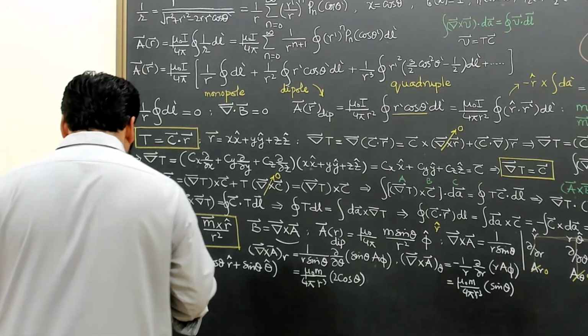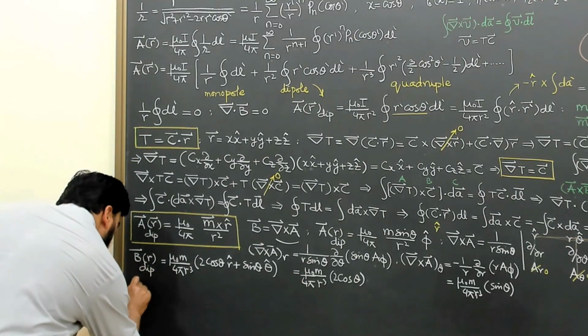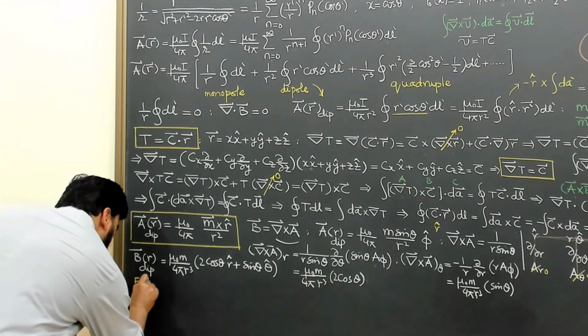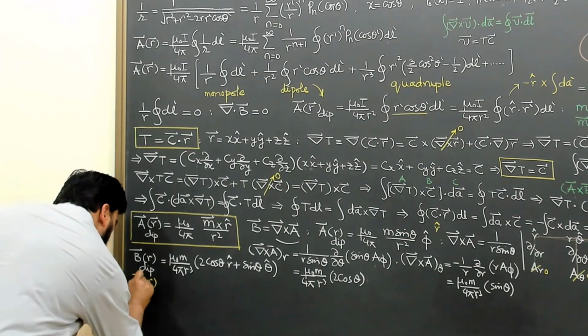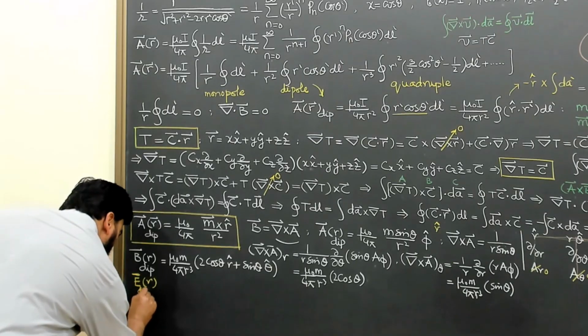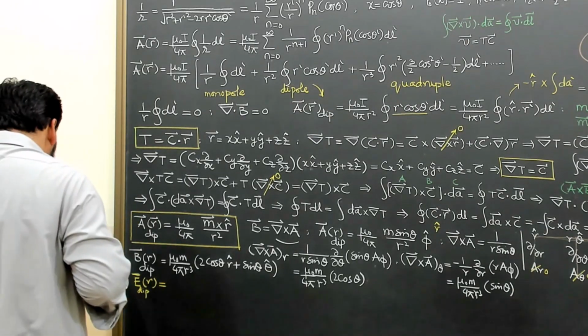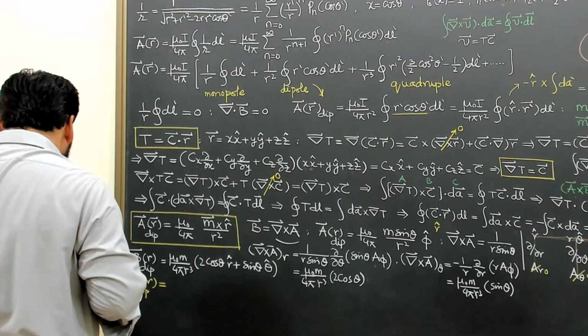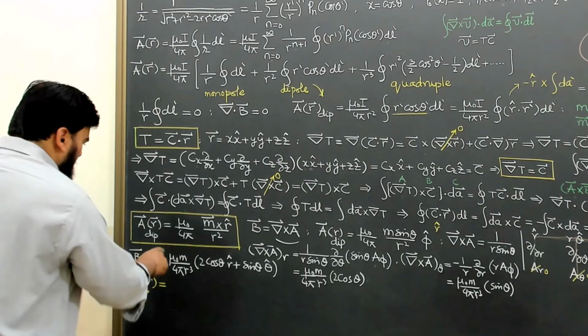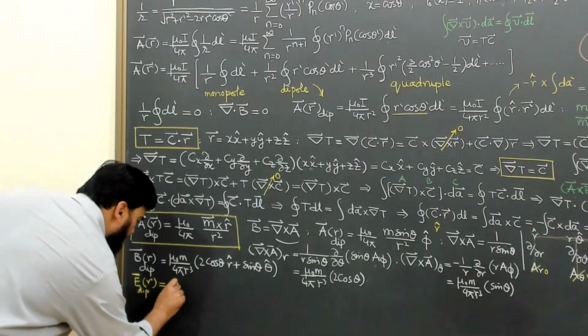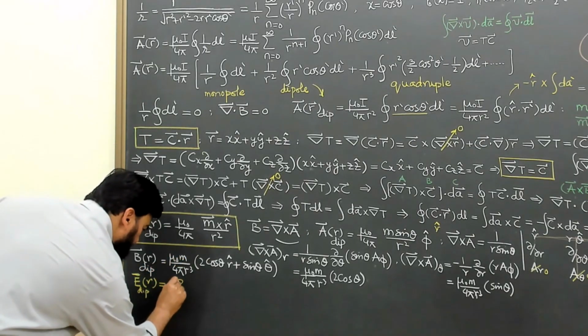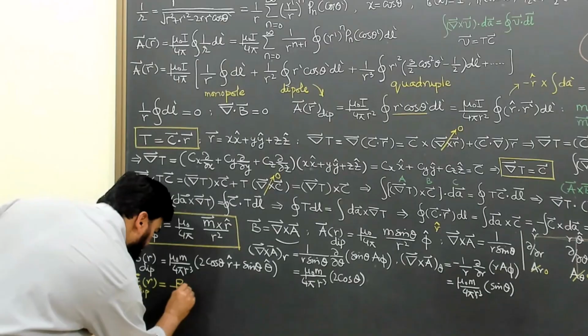E of r of a dipole is equal to, now instead of m, we will have the polarization term, the electric polarization.